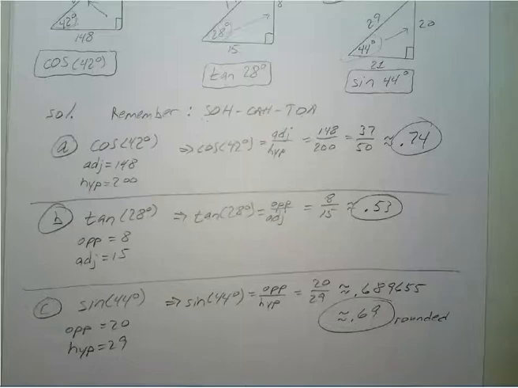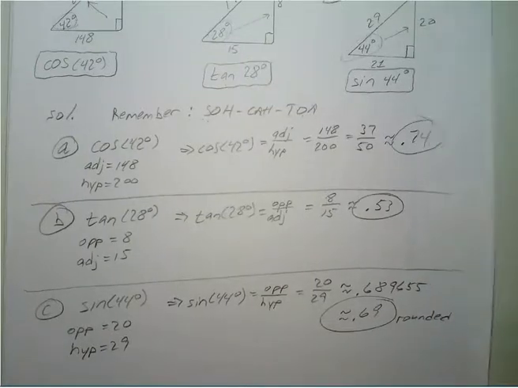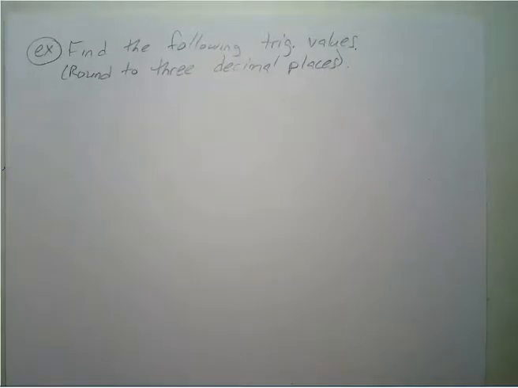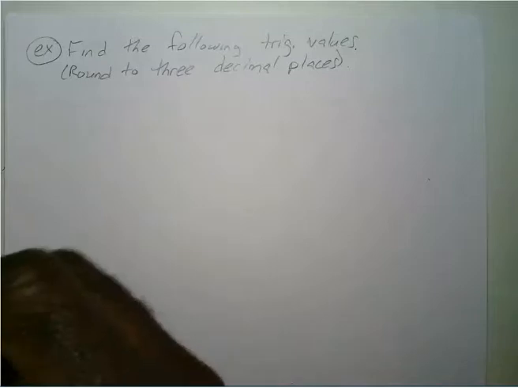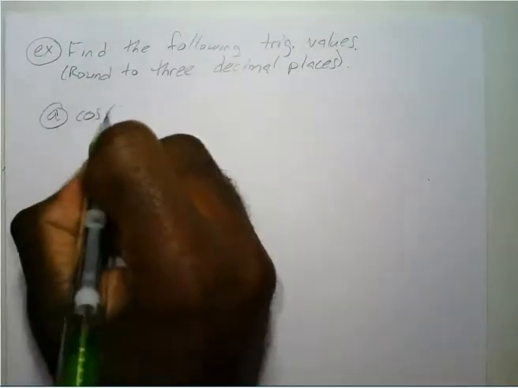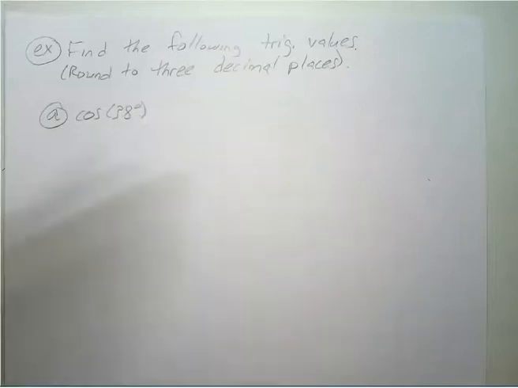All right. So if you are still writing, feel free to press pause and finish up. But we're going to go ahead and move on to our next page. Okay. So you want to find the following trig values and round to 3 decimal places. So for A, you have cosine of 38 degrees.